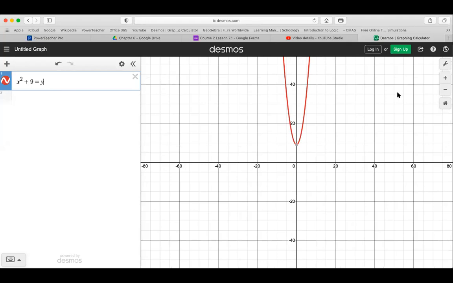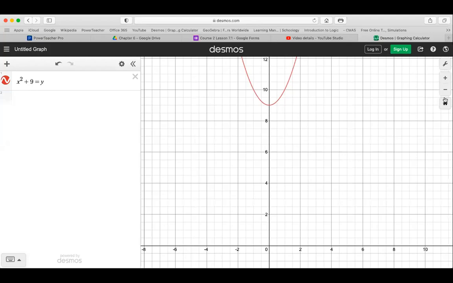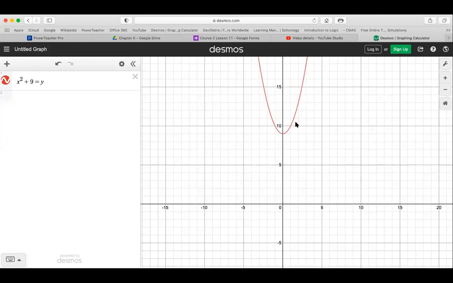There we go. You can see that it is right there at 9. So this one never crosses the x-axis, so it doesn't have any real solutions.